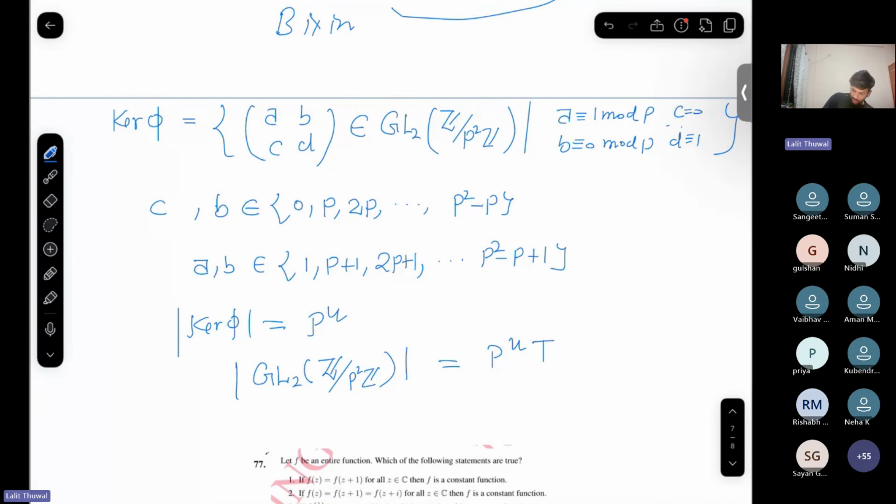Order of GL_n(Z_P) is the product over i from 0 to n minus 1 of P to the power n minus P to the power i.